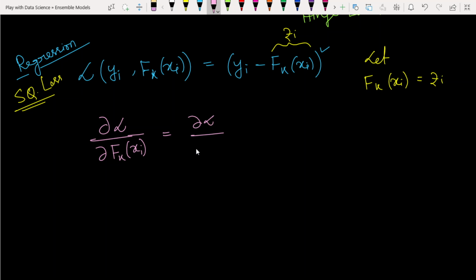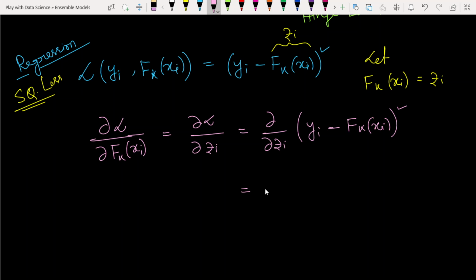This means del by del z_i of (y_i minus f_k(x_i)) squared.